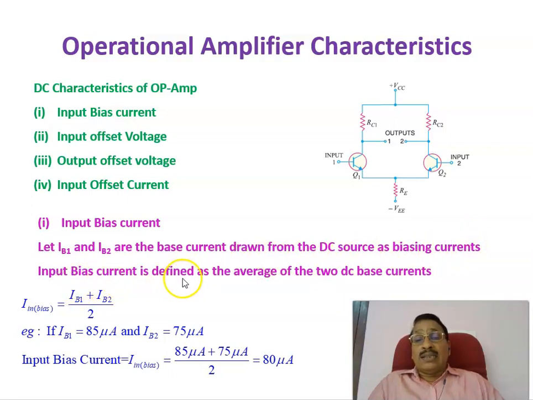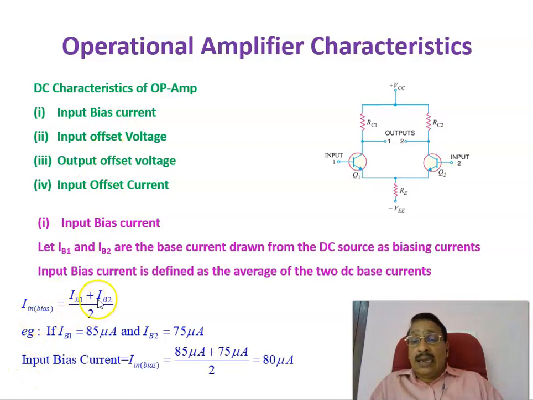The input bias current is defined as the average of the input DC base currents. IB1 is the base current represented as the bias current of Q1, and IB2 is that of Q2. The average of these values, IB1 plus IB2 divided by 2, we call the input bias current.